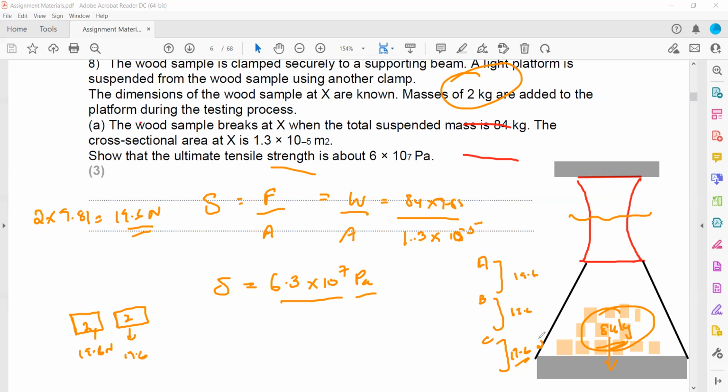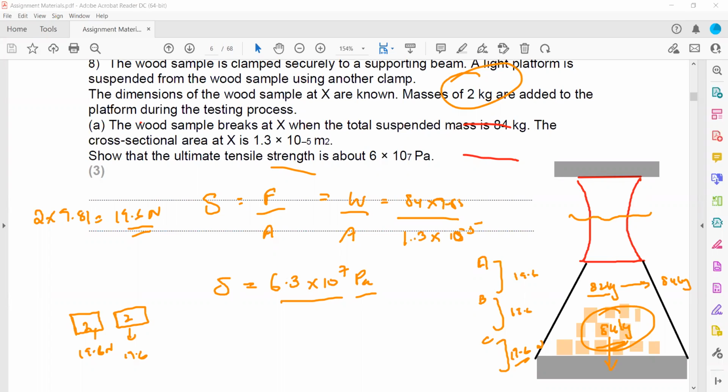It's not necessary that every time it should increase by 19.6. We should increase with a smaller mass or smaller weight so that we get the true value. But right now it will be an overestimation, because the mass added is 2 kilograms, which contributes about 19.6 Newton. For example, we add 82 kilogram, then we add another load, and it will be 84 kilogram. Maybe a mass of 82.1 might break the object, 82.2 might break the object, 82.3 might break the object, but we don't have those numbers.